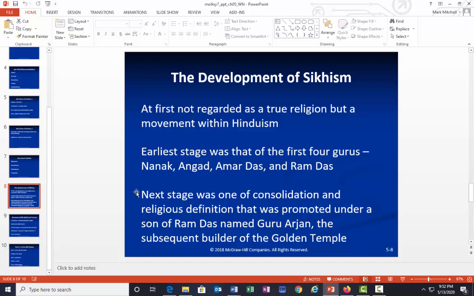Now, one of the next items I wanted to mention is the worldview and teachings of Nanak. He saw Sikhism really as a brand new religion. After his revelation, he rejected both Hinduism and Islam, but he thought that what he was doing with Sikhism was an entirely new religion in total.